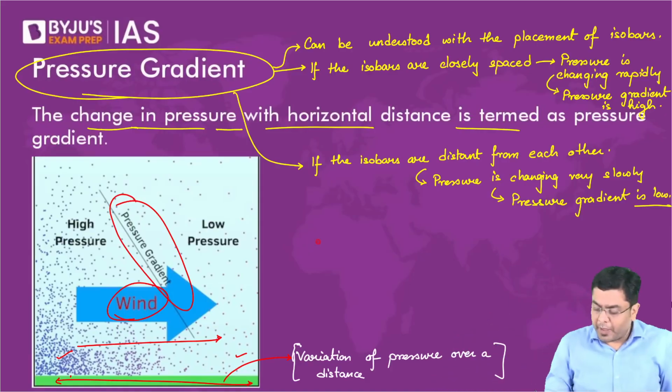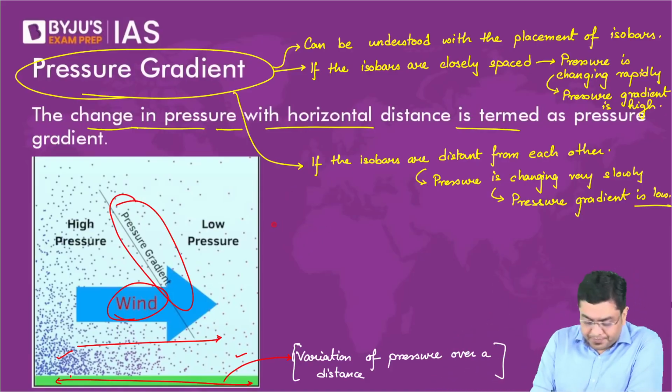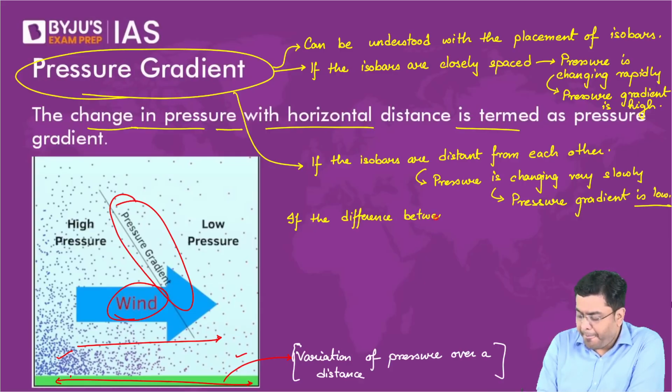So here we can conclude by saying that if the difference between high pressure and low pressure is greater, it means the pressure gradient is high.